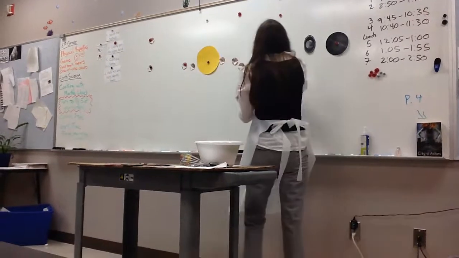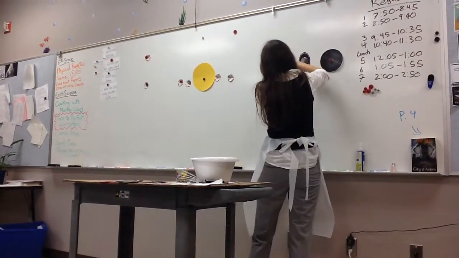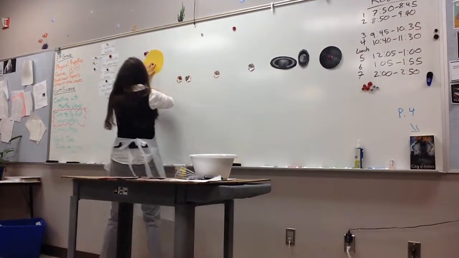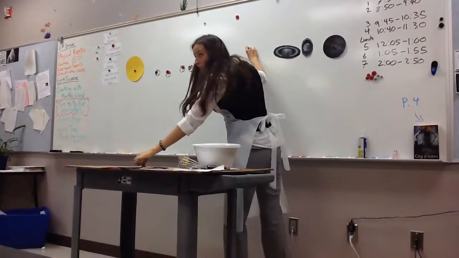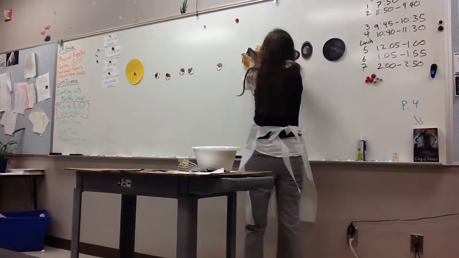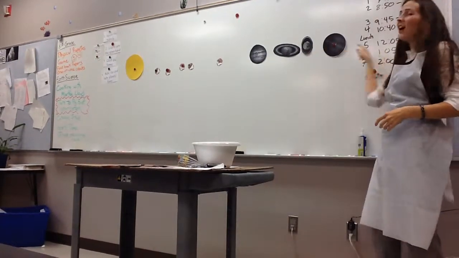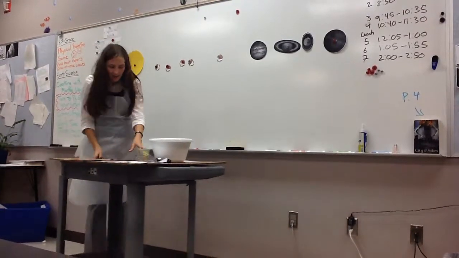Then Saturn. Remember, they ate all this. And then we're missing one. Then the last big planet, Jupiter. They ate up all that extra gas. These planets, let's now go through them.